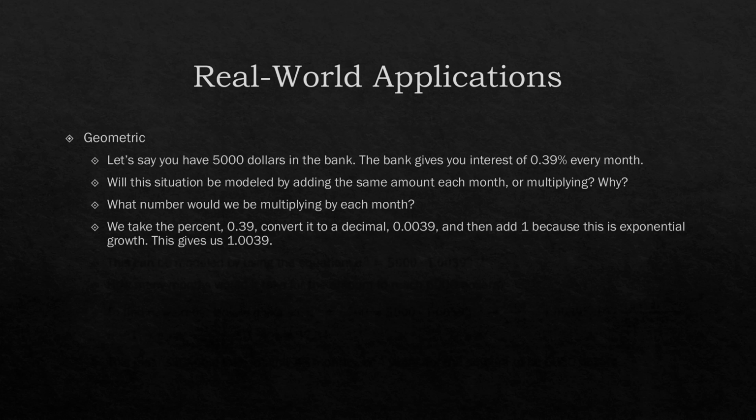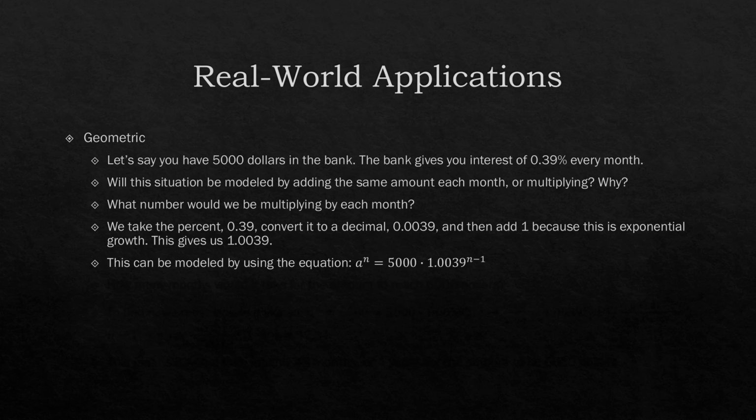To find the number that is being multiplied by, we take our percentage, 0.39, convert it to a decimal, 0.0039, and then add 1 because this is exponential growth. This gives us 1.0039. This problem is then modeled by the following equation.